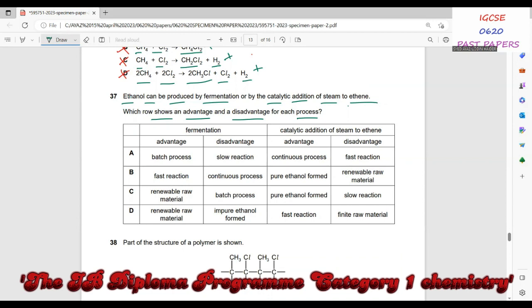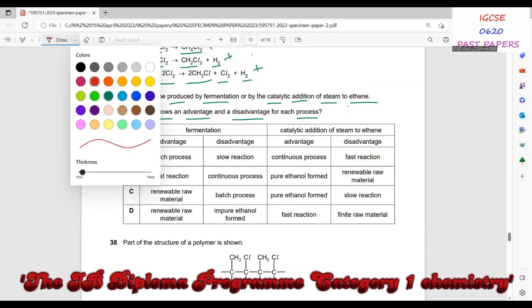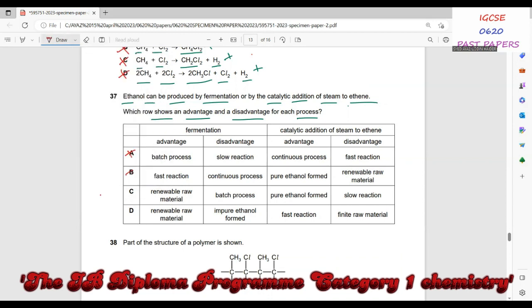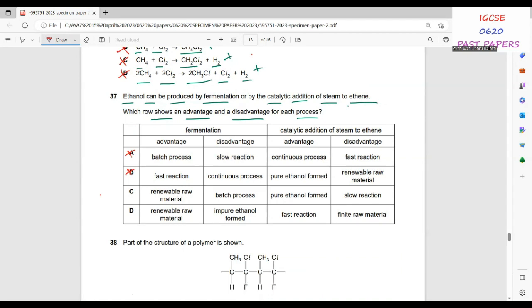In case of fermentation, 2 products will be produced and it involves renewable raw material. So automatically choice A and B are incorrect in this question. Either C is correct or D is correct.